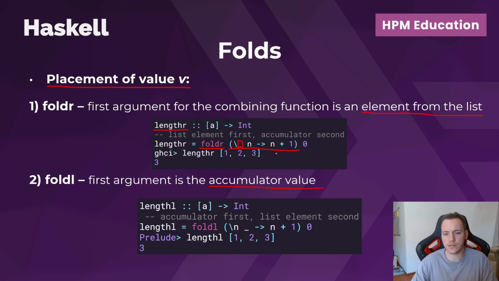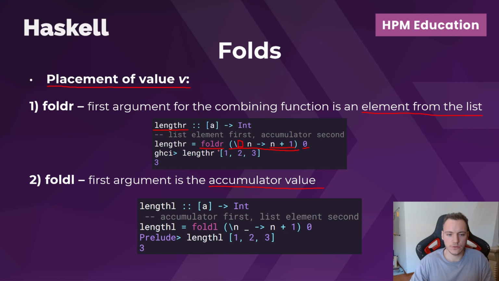We don't care what it is. We know that if it is there, we just want to increase our count by 1 because any element adds to the length of the list, right? So then we just say n plus 1. That's how we will combine things. And our starting value is 0.